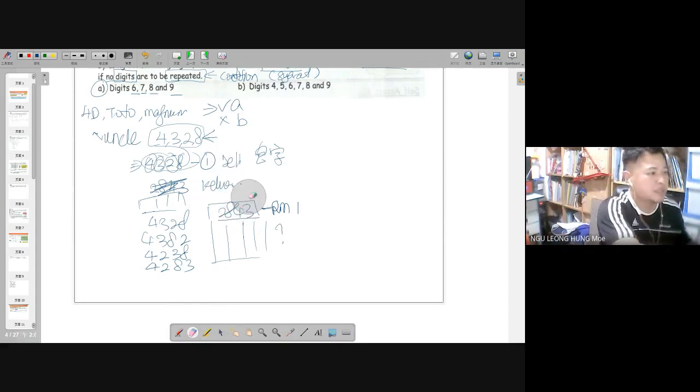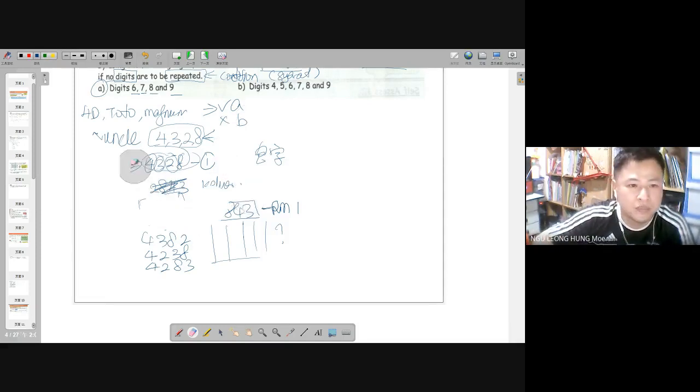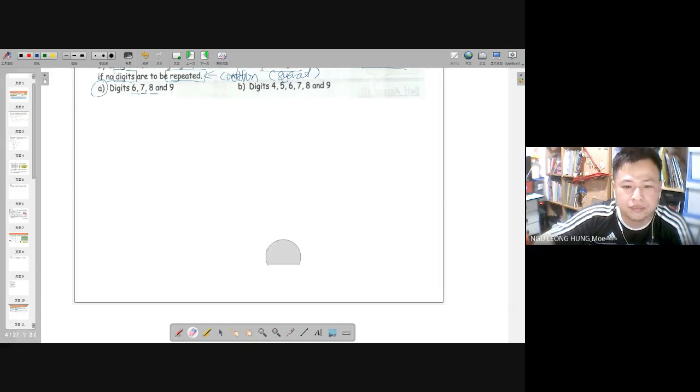Okay, never mind. Since all of you are very good, never bought the number, never knew anything about this, I skip this example.